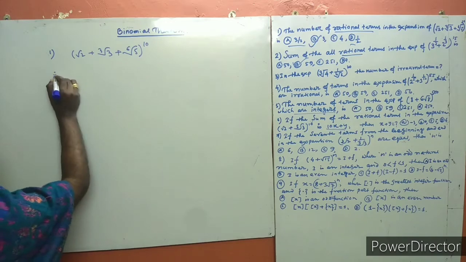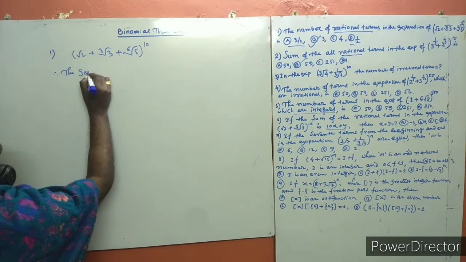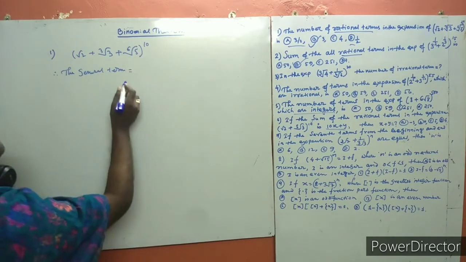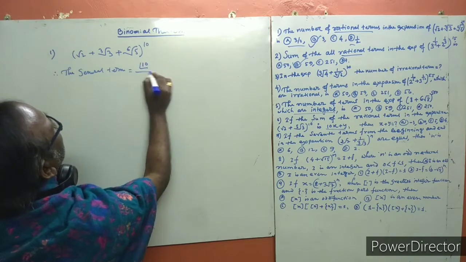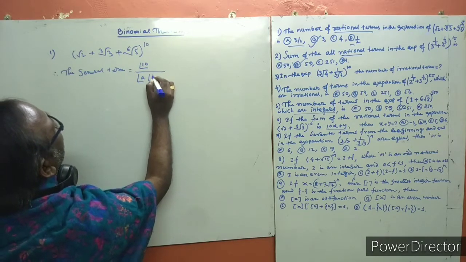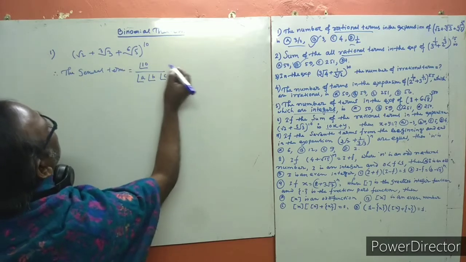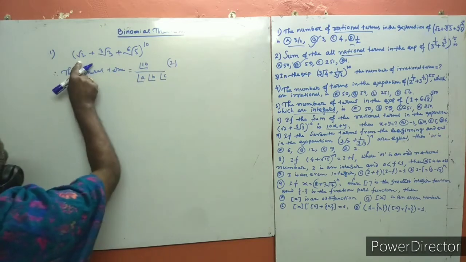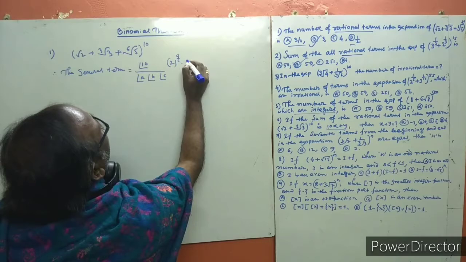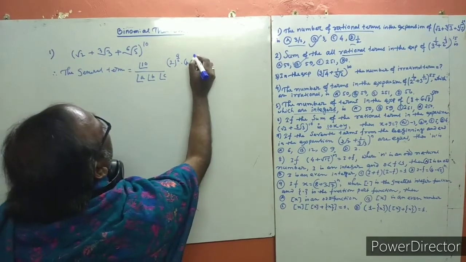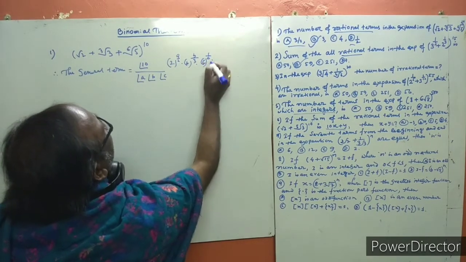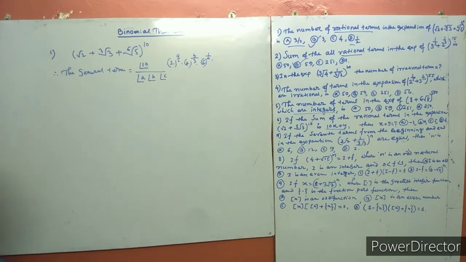Now the general term is equal to, this is 10 here, so you can write factorial 10 over factorial A, factorial B and factorial C, and 2 to the power A by 2, since there is a square root, and 3 to the power B by 3, and 5 to the power C by 6.